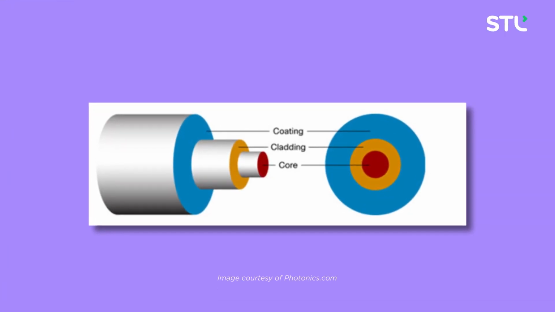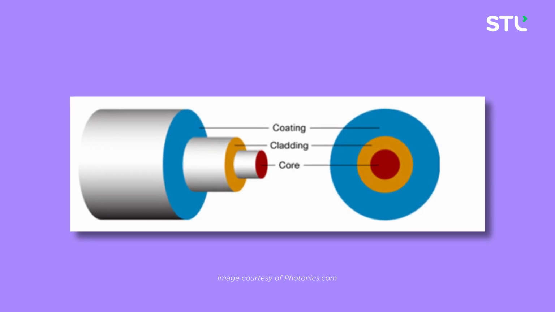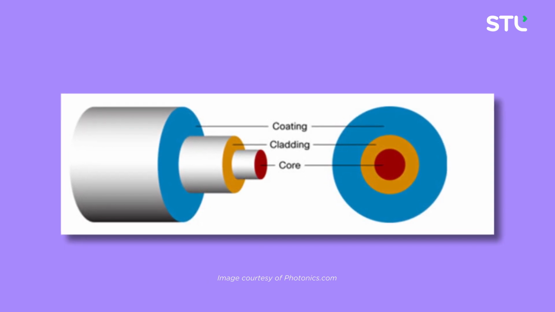So fiber is usually made up of three components. There is a core, there is a clad, and then there is a coating on it. The core is one type of glass which is covered on all sides by a clad, which is another type of glass. And then there is a polymer coating on it.